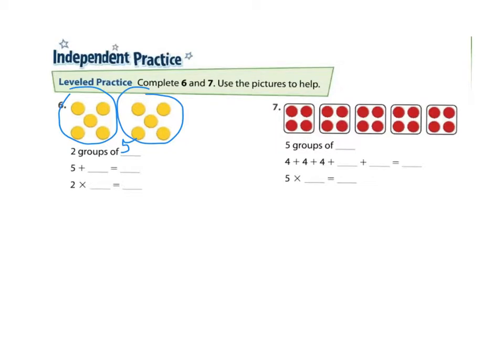So we have 5, 2 times, or 5 plus 5. How many counters total do we have? 10. Again, we have 2 groups of 5 equaling 10 counters.